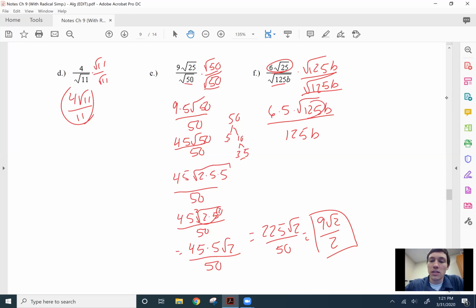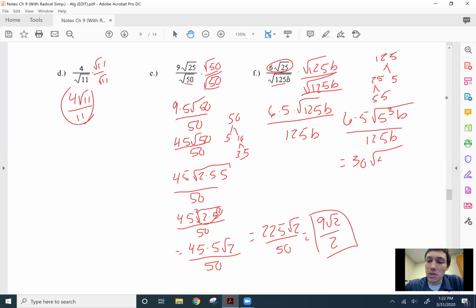Now, let's simplify what's underneath here. I'm going to take 125 and write the prime factorization of it. That's 25 times 5, which is 5 times 5. So this is 6 times 5 times 5 cubed b all over 125b. So that's 30, since 6 times 5 is 30.